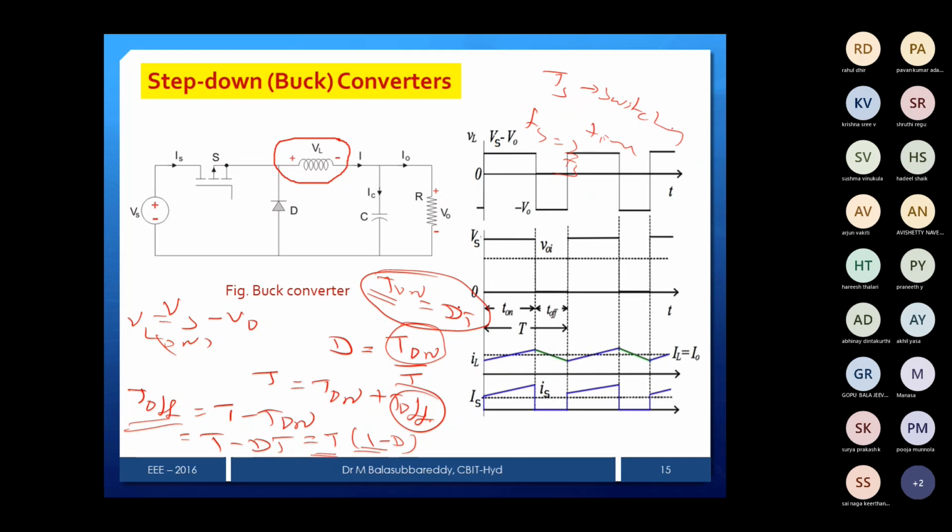Wherever T on is there, I will use D into T or Ts, anything is the same, and where T off is there, I can write 1 minus D into Ts. These are the two parameters I will make use of later.